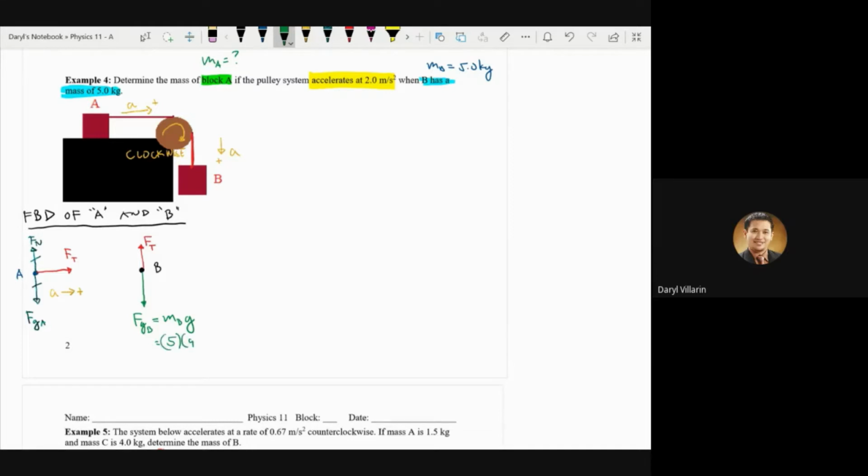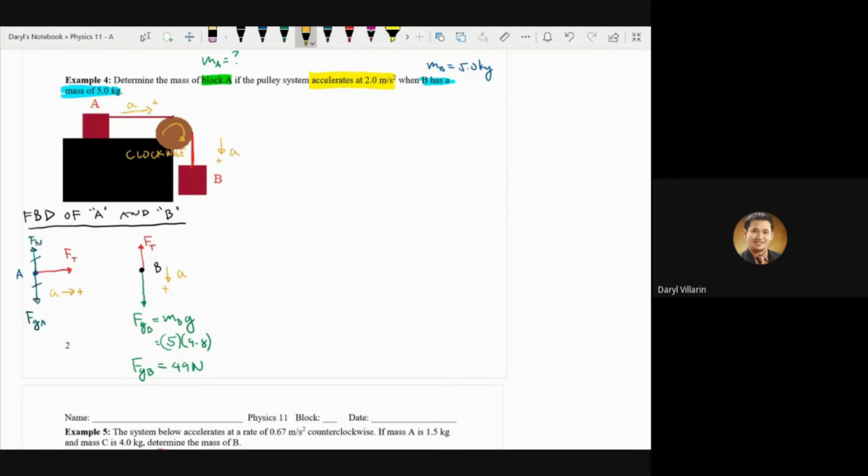So 5 times 9.8. So the magnitude of my weight is 49 newtons. And even though I've written that the acceleration is downward, that means that I'm going to set downward as my positive direction.